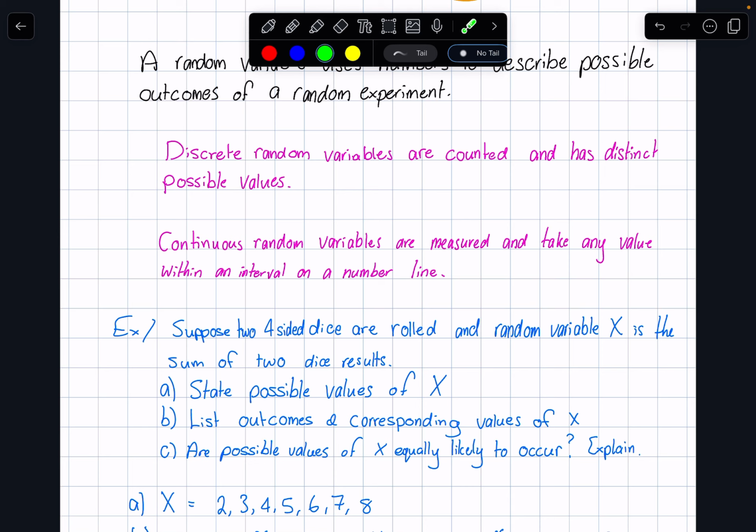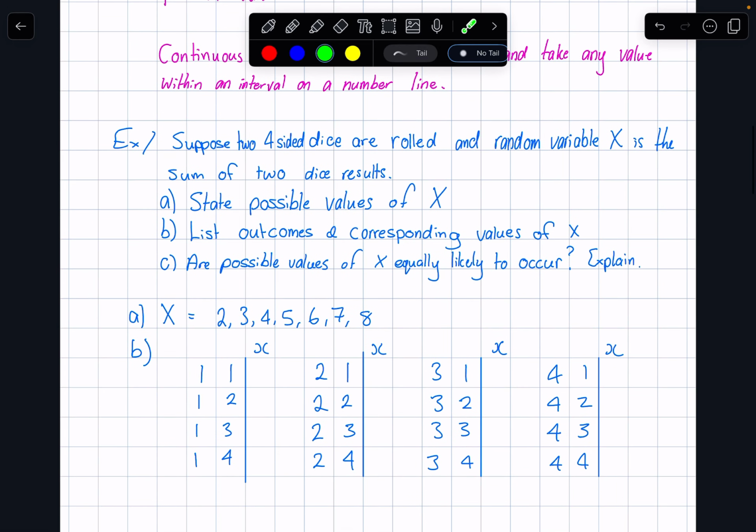Now let's list the outcomes. You've got to be very careful with outcomes because it's not about value, it's about what provides a value. The way I've set this up is I've got die 1 in the first column and die 2 in the second column. So I've listed all the outcomes where die 1 ends up with a 1, and then die 2 changes, then die 1 has a 2, changes, 3, changes, 4, changes.